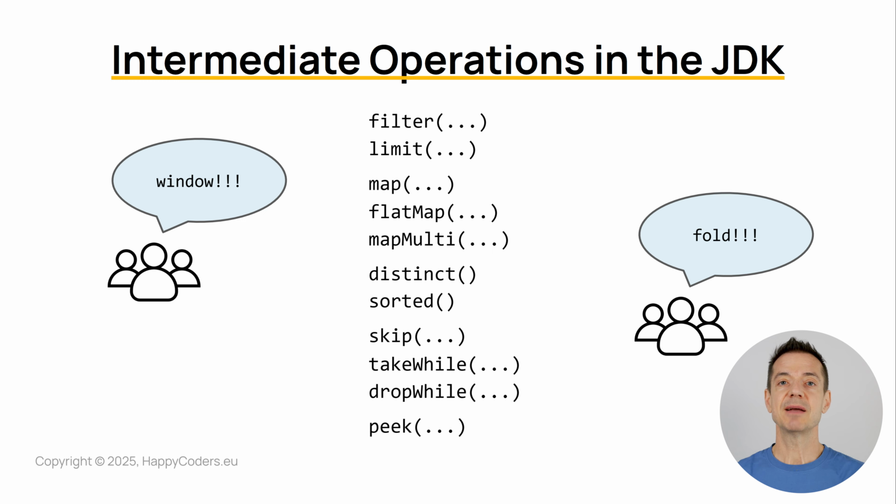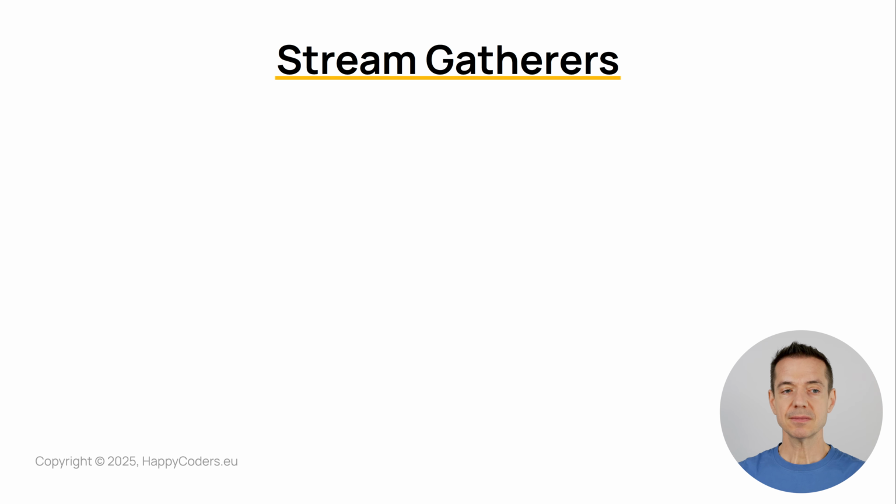They developed an API that allows, on the one hand, us Java developers to implement any intermediate operation we want ourselves, and on the other hand, the JDK developers to implement the most requested operations and make them available with the JDK. And this new API is called Stream Gatherers.